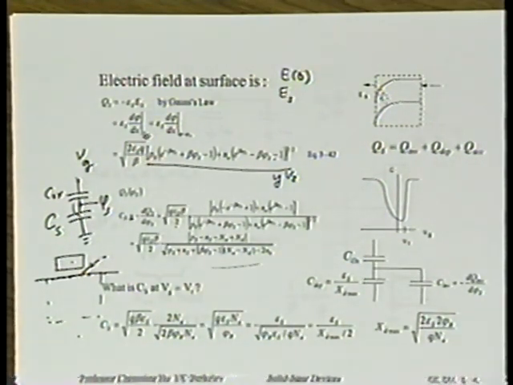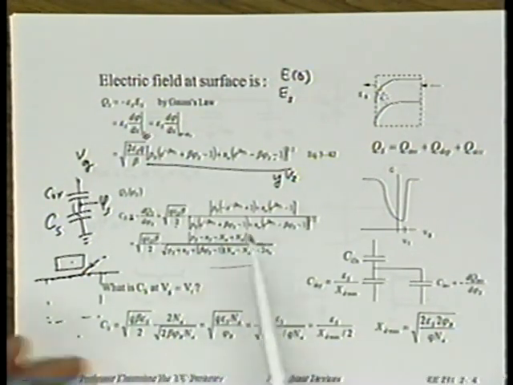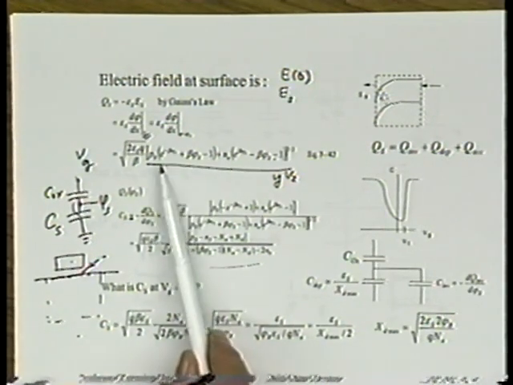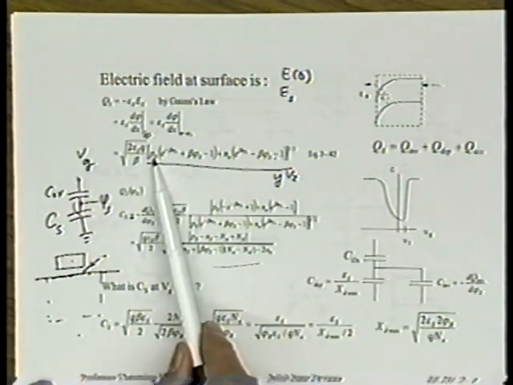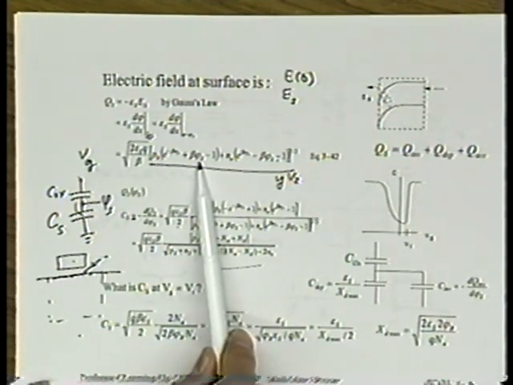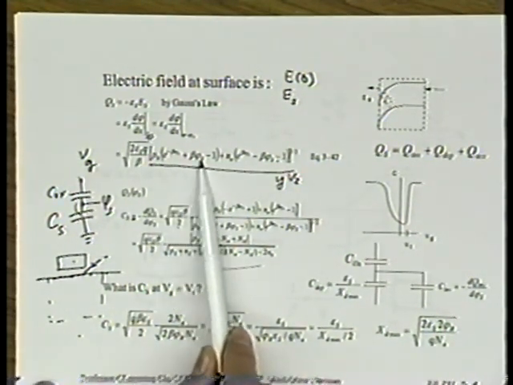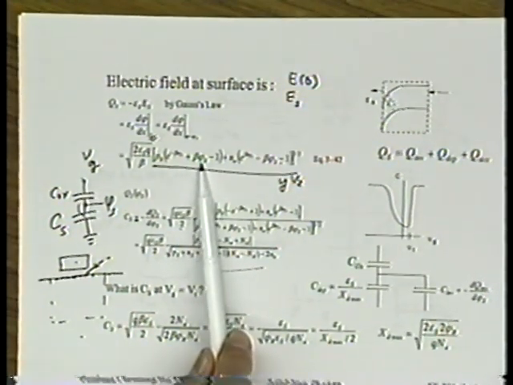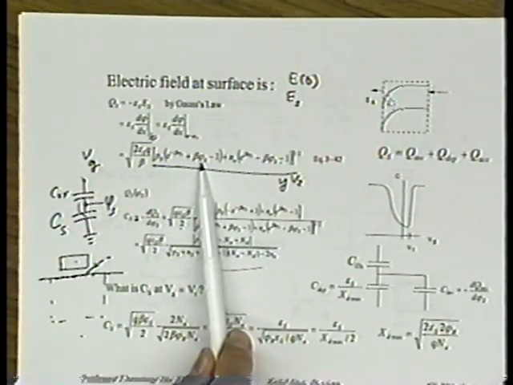Is that right? Okay? So I don't think we have to go through each term here, but just pick one term, you will see it's there. Let's pick a simpler term, this term, p0 e^(βφs). When you differentiate that term with respect to φs, what would you get? p0 β. Right? Do we have that here?